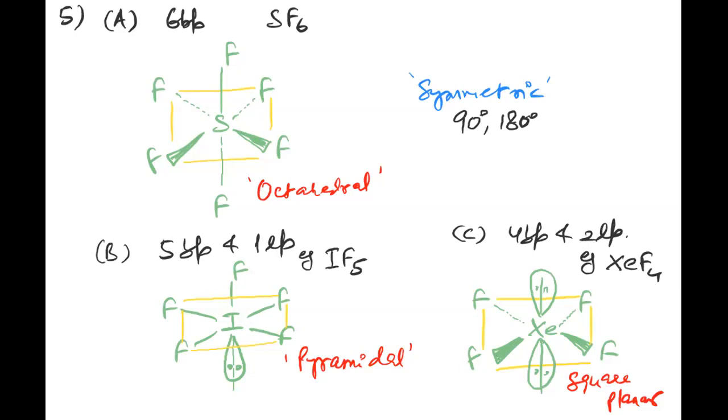So till now we have seen the geometries of different compounds depending on the bond pairs and lone pairs of electrons present. If we have to summarize all these geometries: two bond pairs, it is linear geometry.